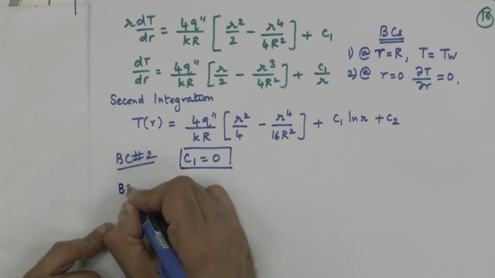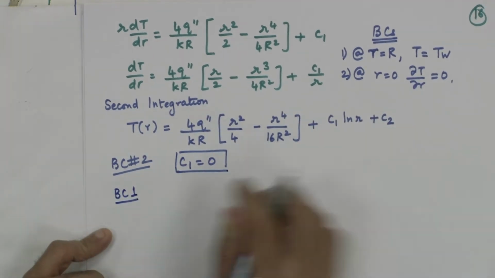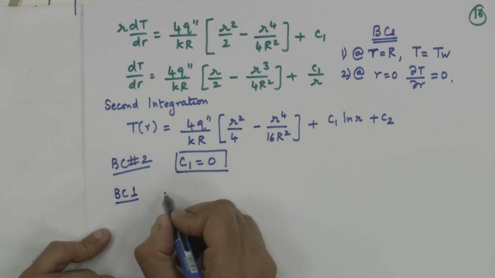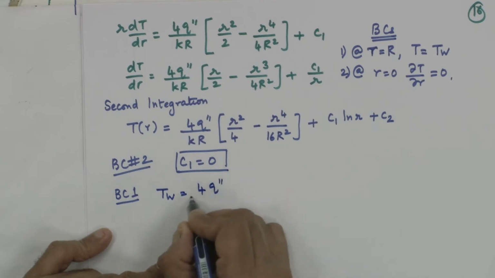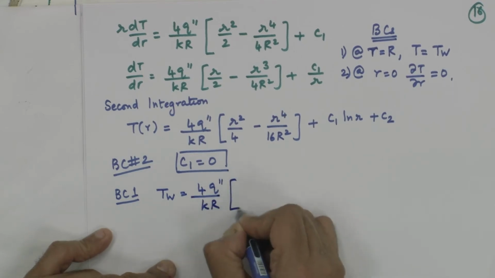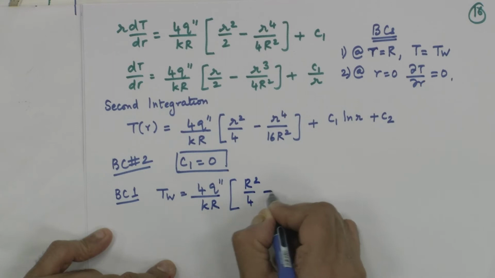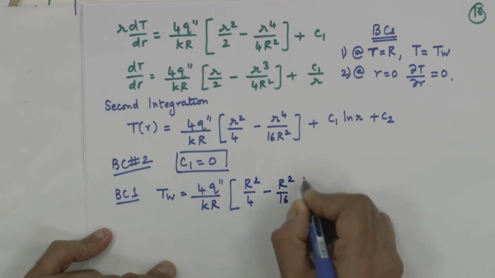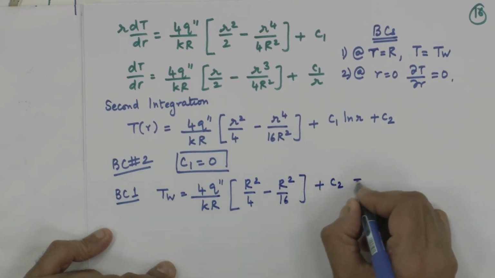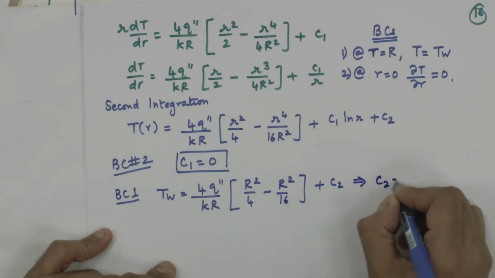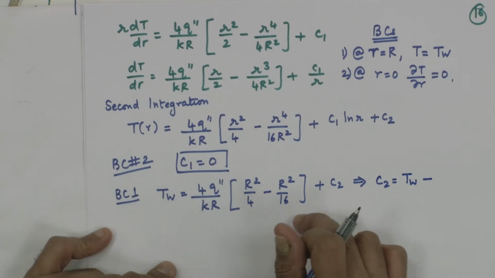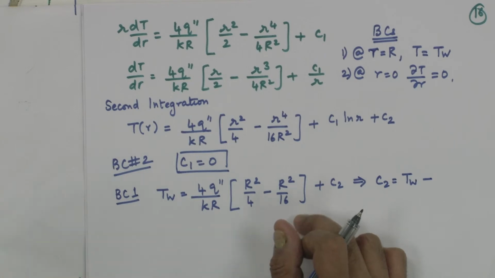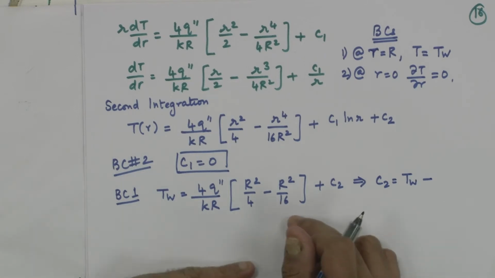So, now BC1, T wall. So, T of r equal to capital R is equal to T wall. So, T W is equal to 4 q double prime by k capital R, R squared by 4 minus R squared by 16 plus C2, which implies C2 is equal to T W minus R squared by 4 minus R squared by 16, which is nothing but 3 by 16 R squared, correct.